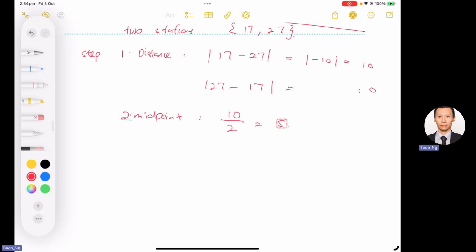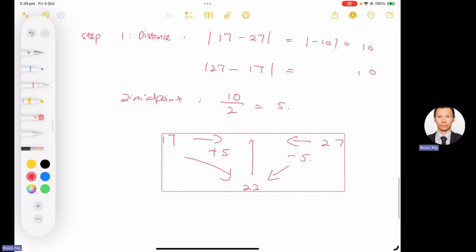So what you do is, from 17 and 27, you move by 5 units, to the right from 17 or to the left from 27. So this is the midpoint. 17 plus 5 is 22. 27 minus 5 is also 22.